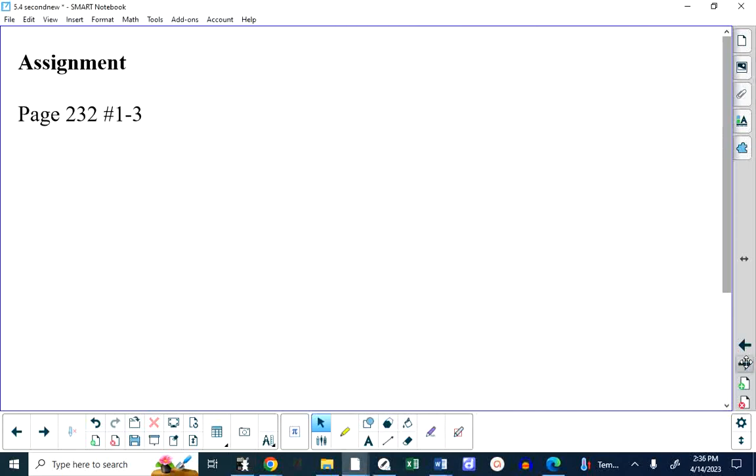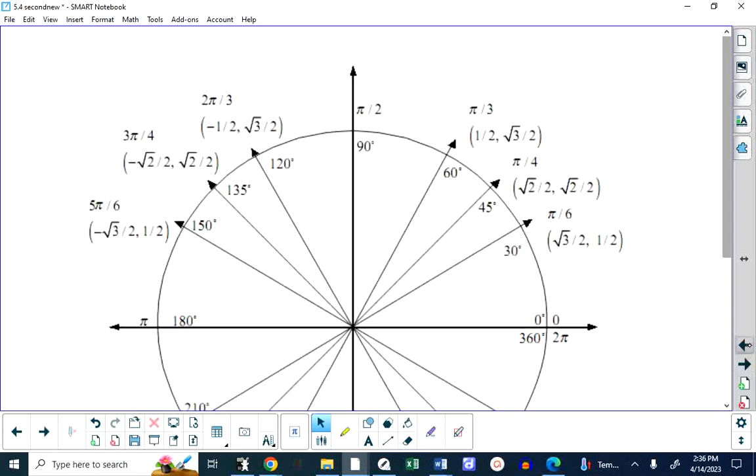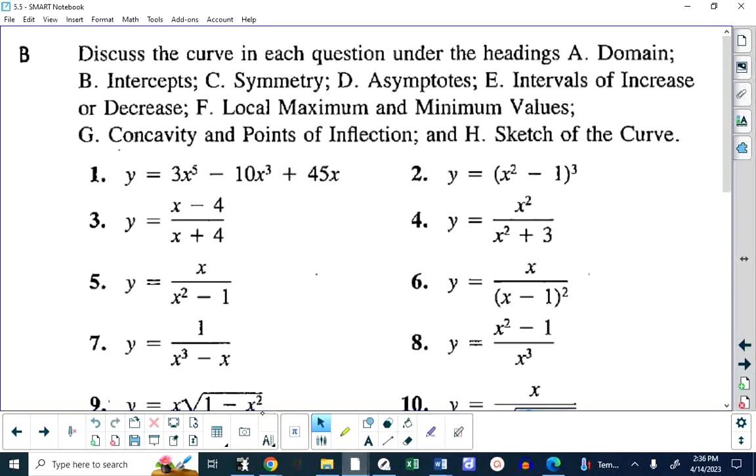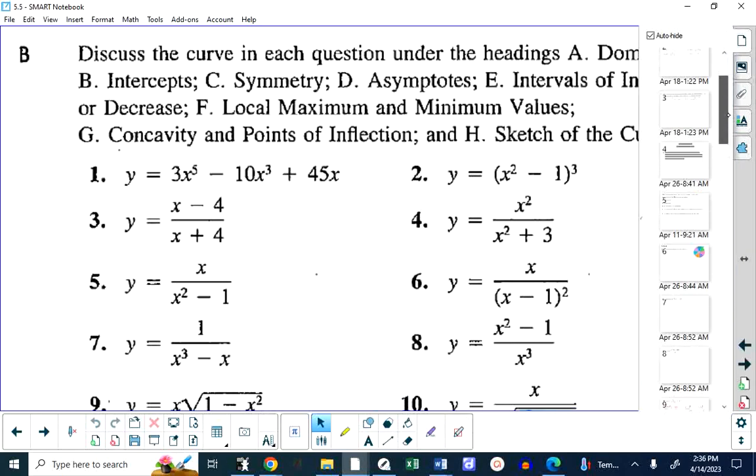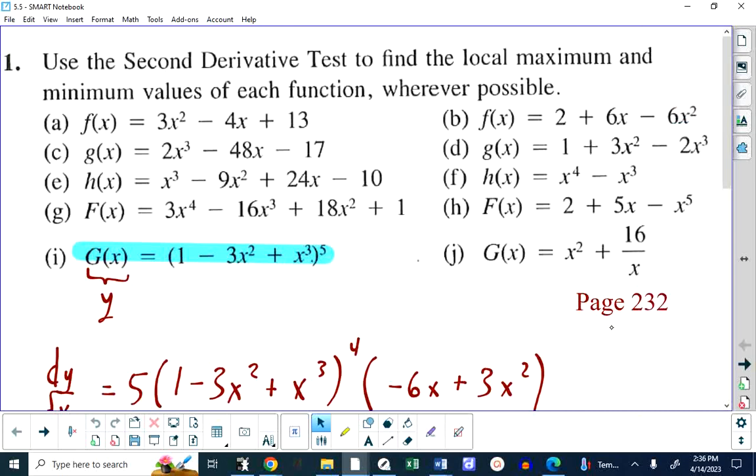All right, so there are some questions on page 232 that are about finding max-mins. I want you to notice that question 1 has, for the most part, all polynomial functions.